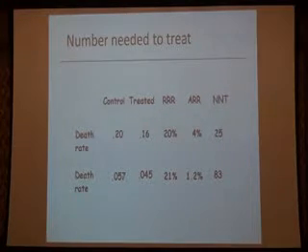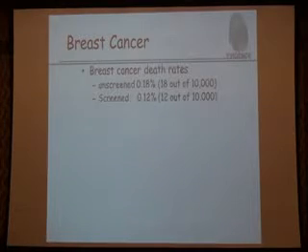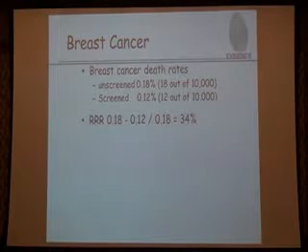This was the introduction to the breast cancer case. So if you consider 0.18 the death rate in the non-screened and 0.12 the death rate in the screened, 18 in 10,000 and 12 in 10,000, the relative risk reduction is 34%.